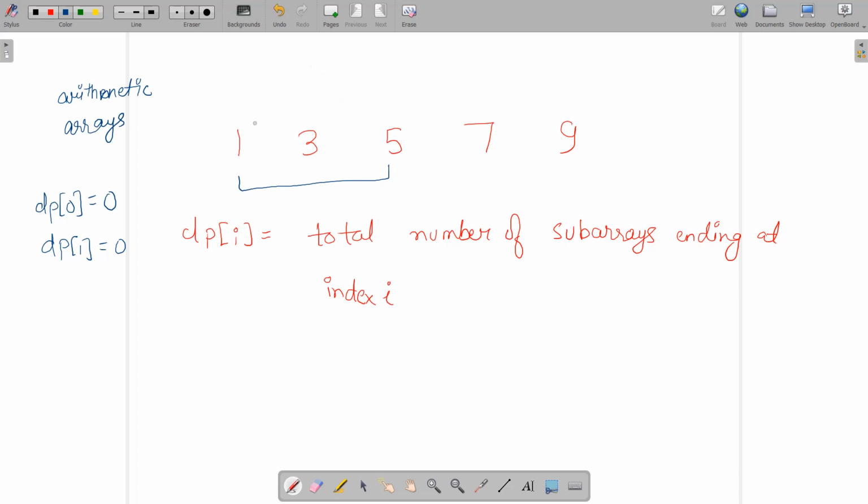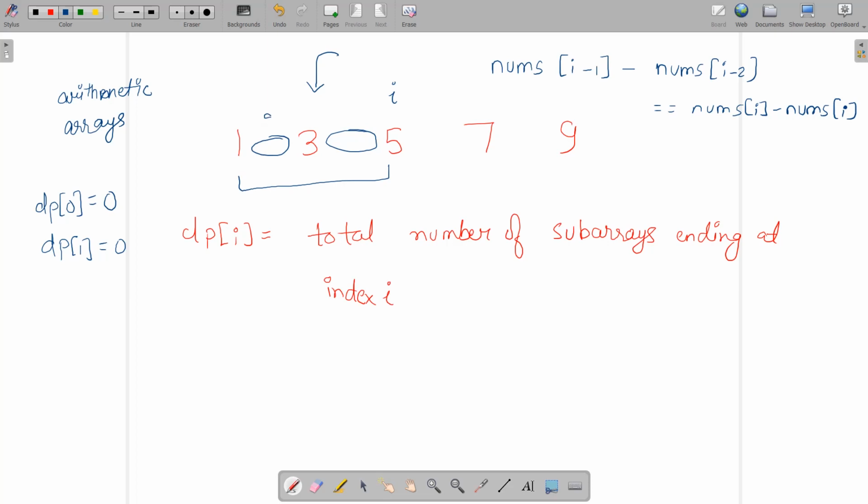If it is at least a 3 length subarray, you will jump to the middle value. Let's say you are at this index i, so you will check that nums of i minus 1 minus nums of i minus 2 must be exactly equal to nums of i minus nums of i minus 1. That is basically the difference between 5 and 3 and the difference between 3 and 1.